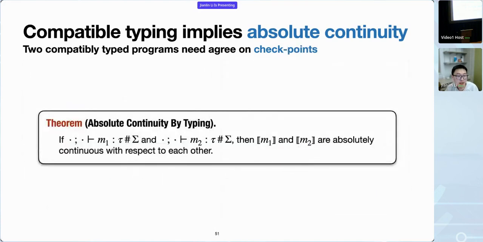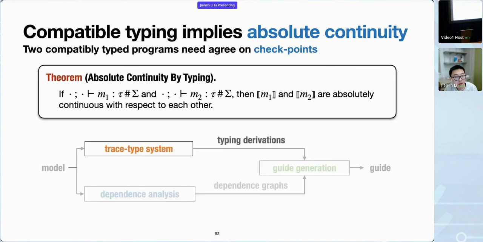In fact, the soundness theorem of our type system says that compatibly typed program pairs satisfy AC. Now we have a type system that ensures AC. And we also need a way to analyze dependencies in programs.